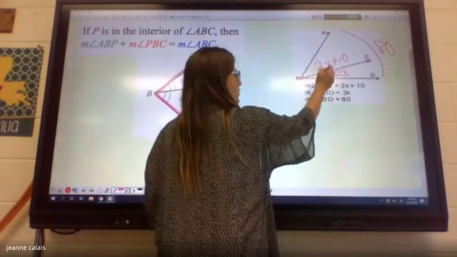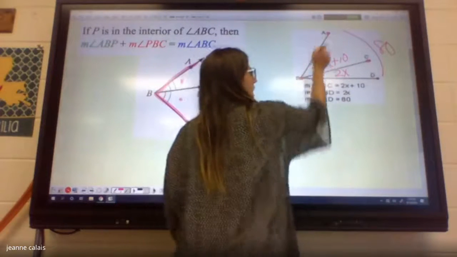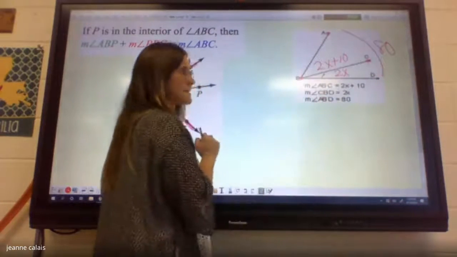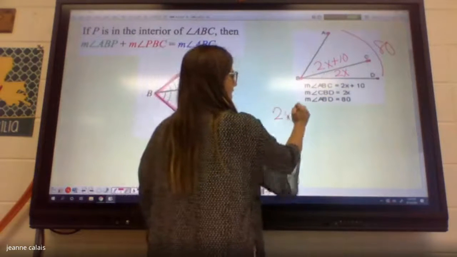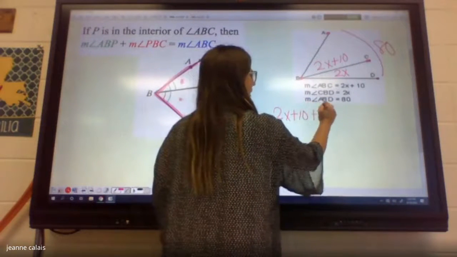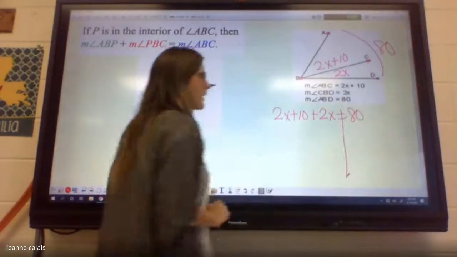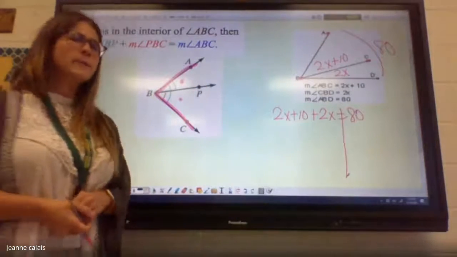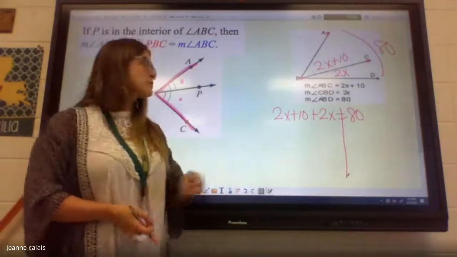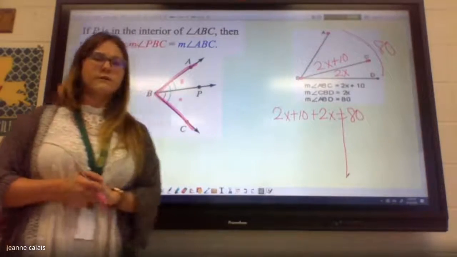So these two angles together make the larger angle. So it adds up to 80. So 2x plus 10 plus 2x equals 80. Right? Build your walls, separating your equation into two parts. On the left-hand side is where your variable is.